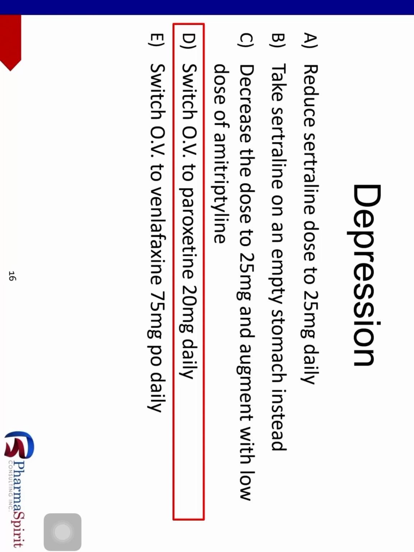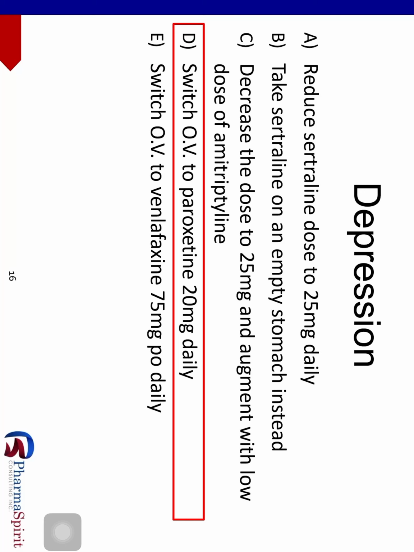Choice A is not a good choice because according to the Canadian Network for Mood and Anxiety Treatment, the CanMat guidelines, once again, a minimum therapeutic dose should be achieved in the first 2 weeks of therapy, and that's exactly what happened in this case. The usual dose of sertraline is 50 milligram, and the physician increased the dose from 25 to 50 milligram within 1 week of initiating therapy.